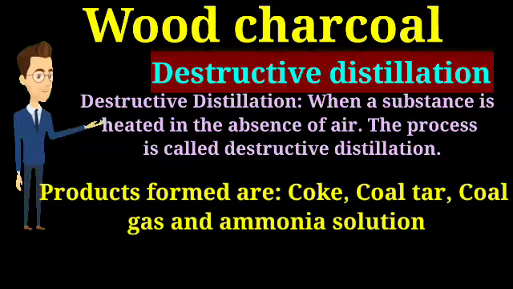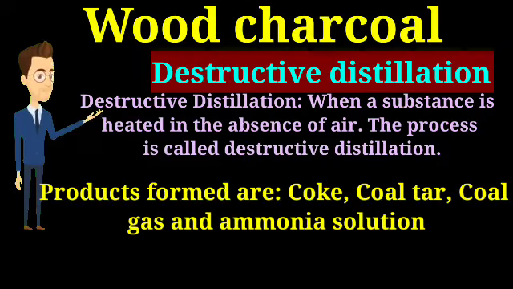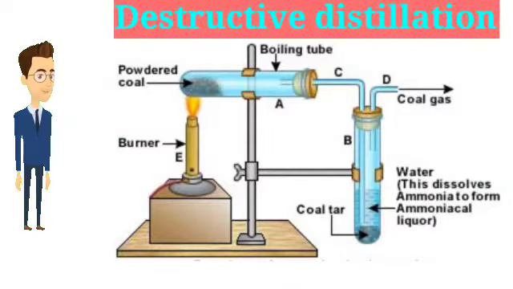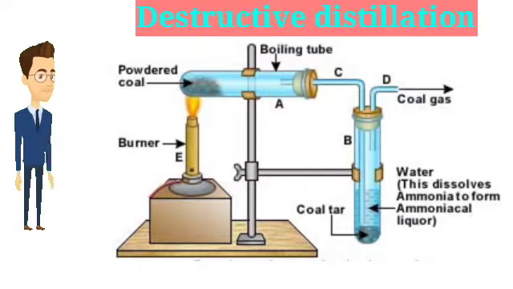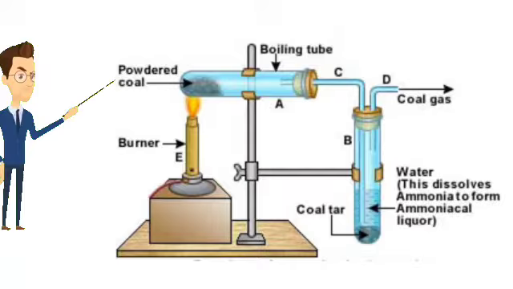On heating wood in the absence of air, we get as products coke, coal tar, coal gas and ammonium solution. These are the products we get during destructive distillation of wood. We will see destructive distillation in the laboratory. We take two test tubes connected with a bent glass tube, and both mouths are fitted with corks.